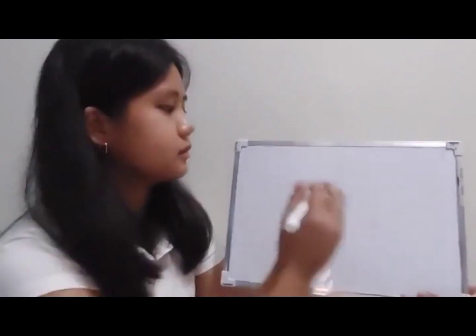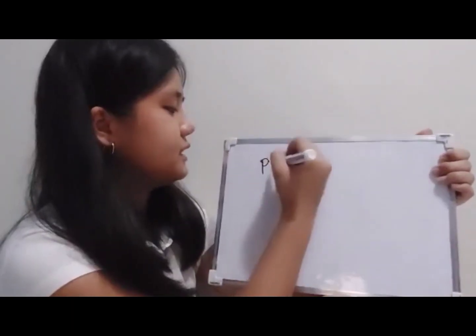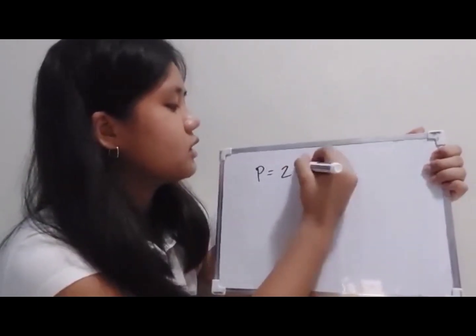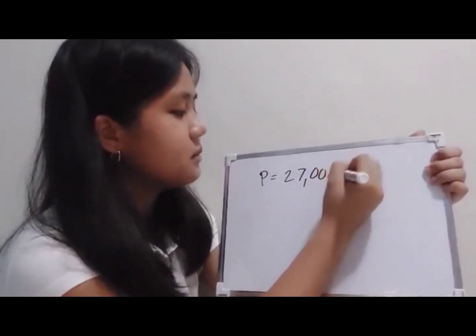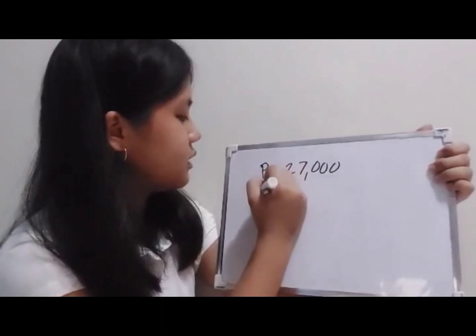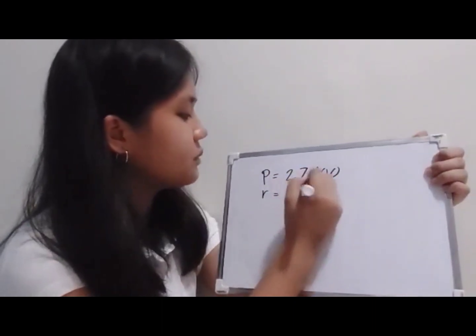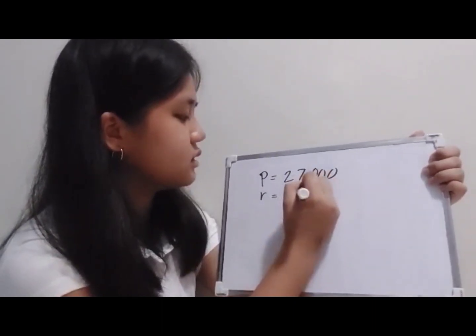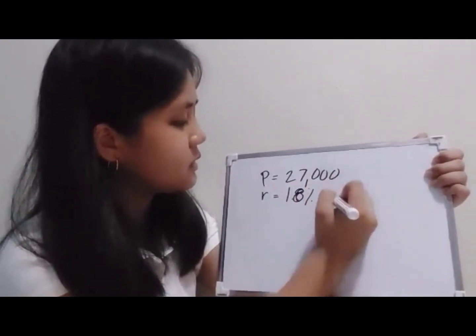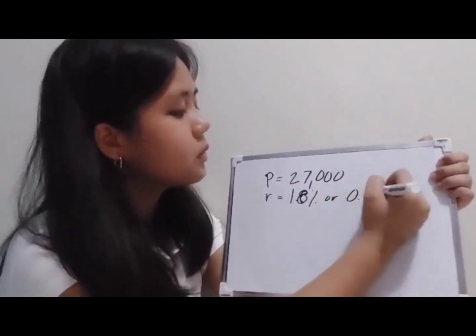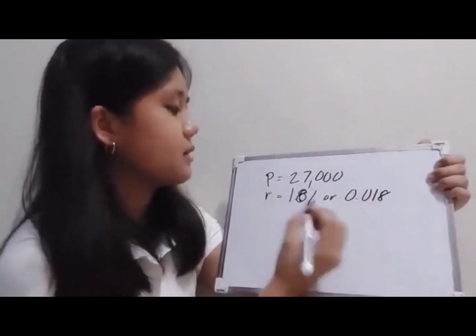Just like earlier, we will first determine what each letter will represent. So P is equal to 27,000 pesos, and then R is equal to 1.8% or 0.018.